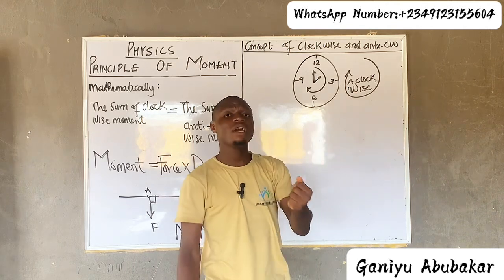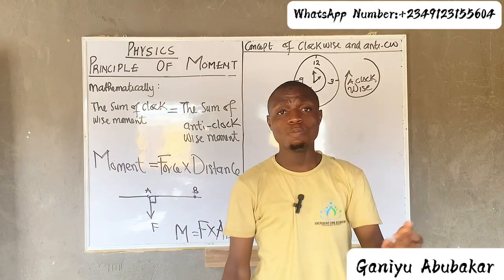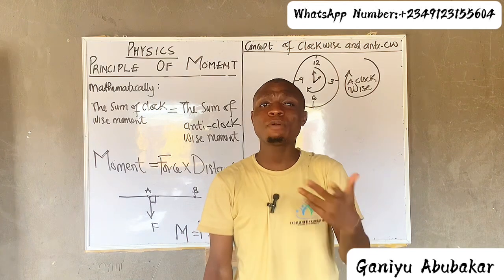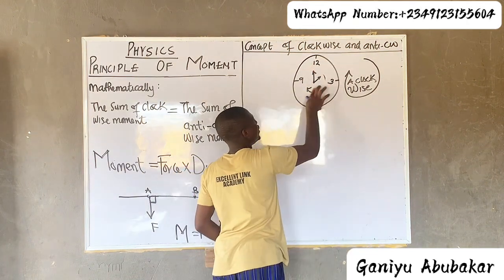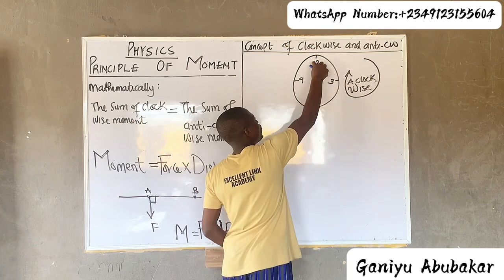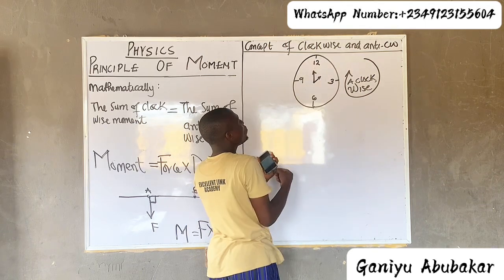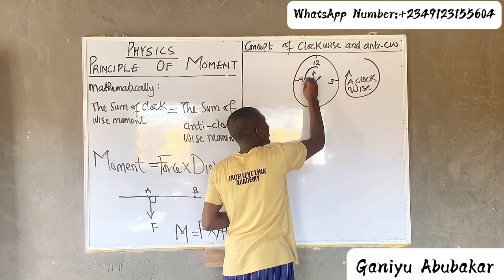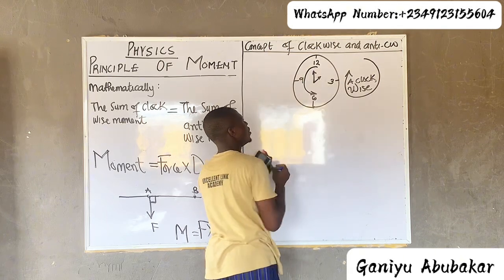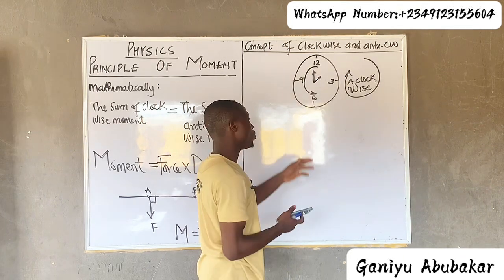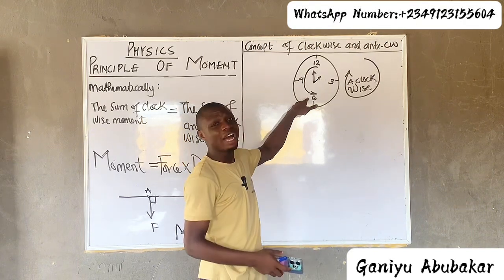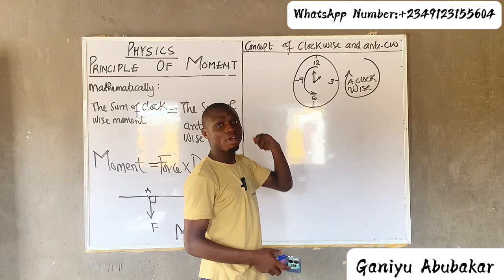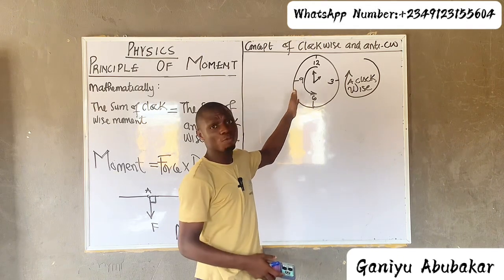But if the arrow moves in an improper manner, that is, instead of the arrow moving from 12 to 3 to 6, it is now moving from 12 to 9 to 6, definitely something will happen to the world as soon as possible if a clock is moving like this. So this becomes an improper way of a clock moving, right?